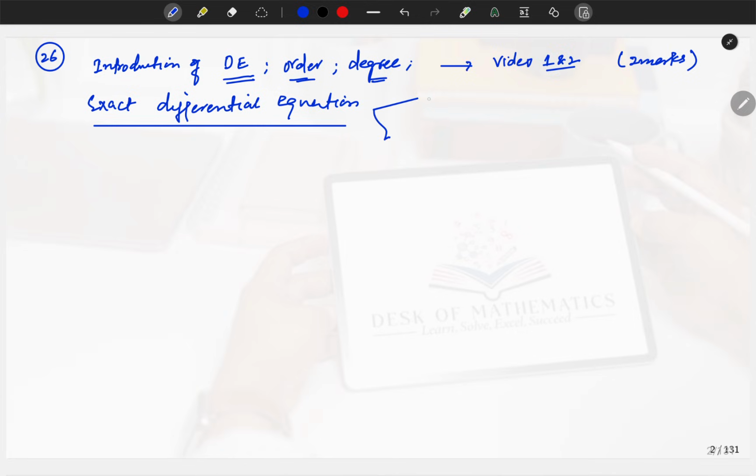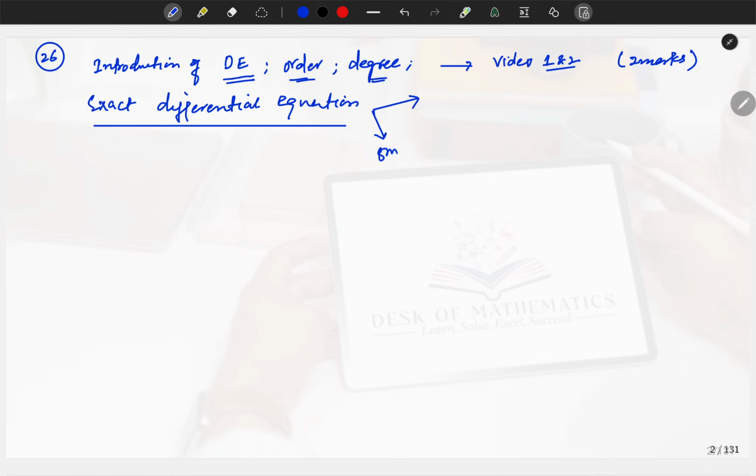In the 2 marks, they will give you one differential equation and may ask you whether it is exact or not. Or they may ask you what is the integrating factor for this differential equation to make it exact. Or they may ask you the definition of the exact differential equation, necessary and sufficient condition.